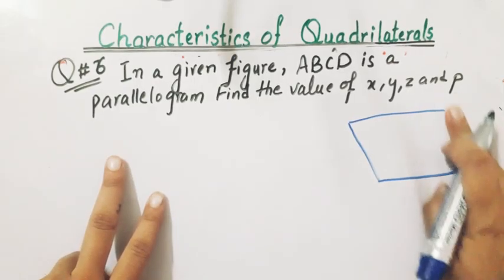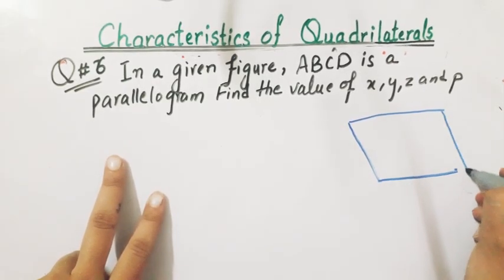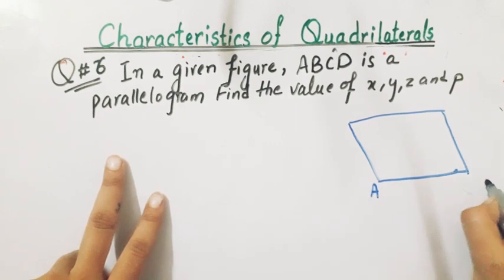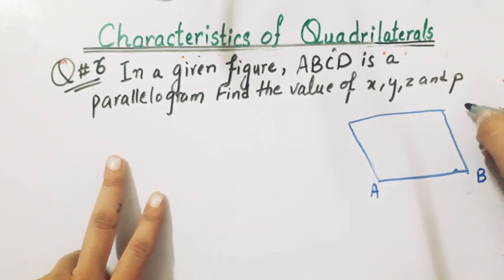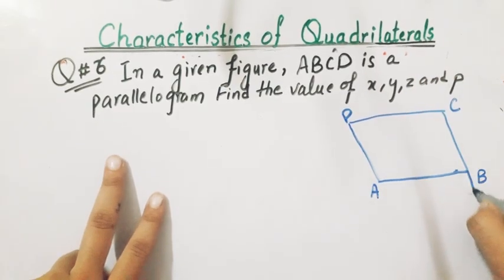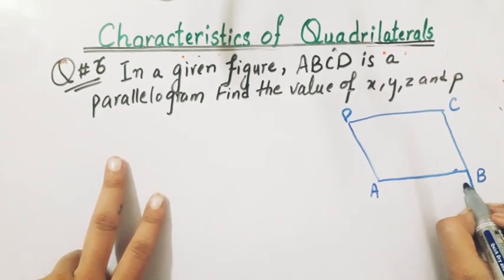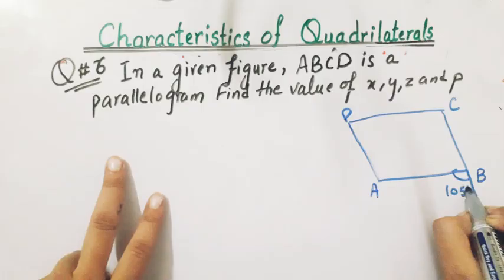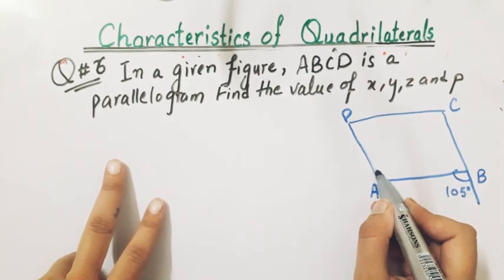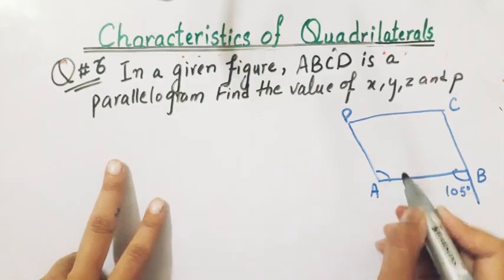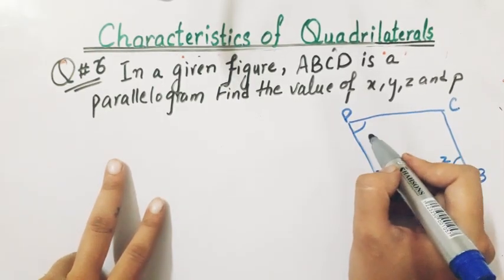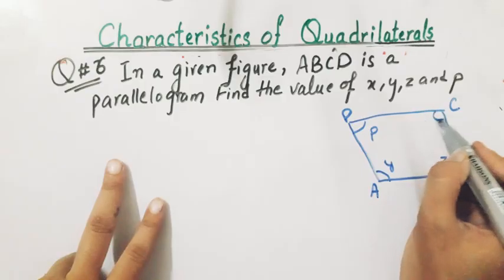Let's suppose this is a parallelogram and this is A, this is B, this is C and this is D. And here this side is extended and the angle is 105 degrees. And this angle is Y, this angle is Z, this angle is P and this angle is X.